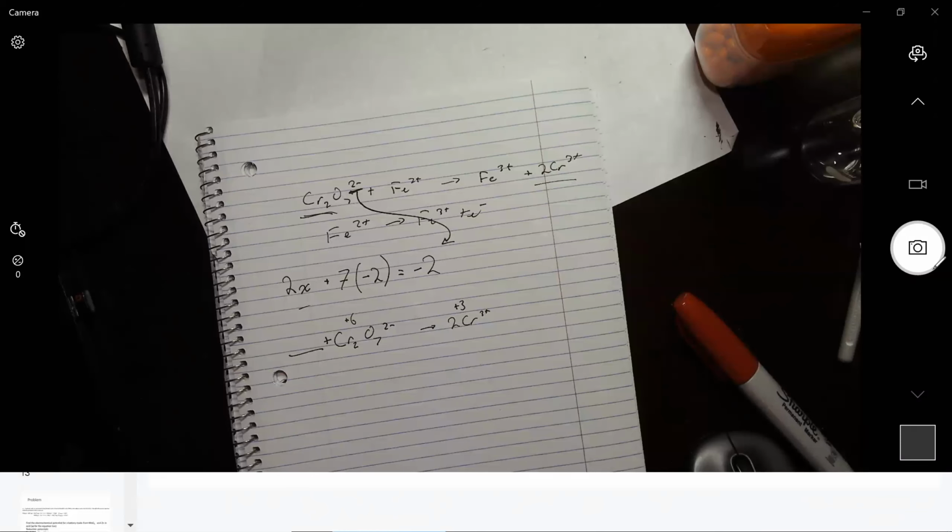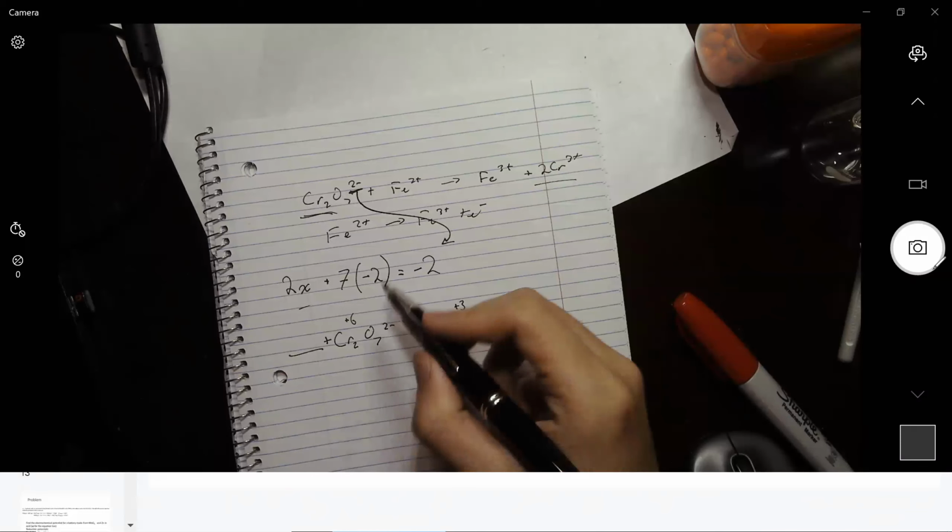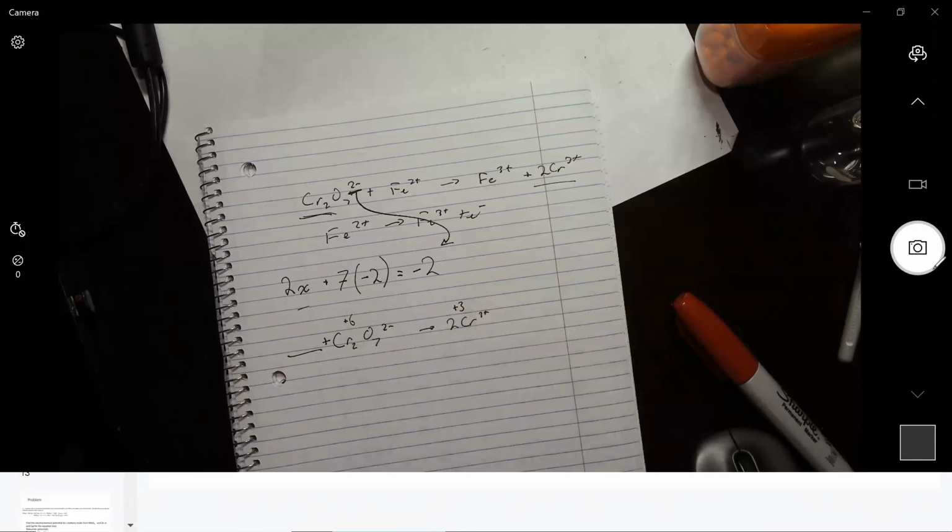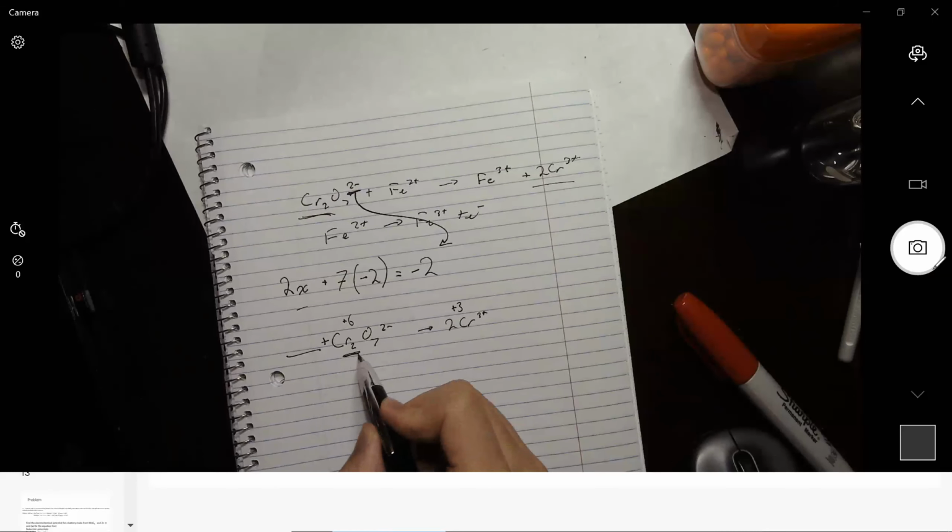Well, each chromium is going from +6 to +3, so each chromium gains 3 electrons. And we have 2 chromium atoms. So look closely, we have 2 chromium atoms.